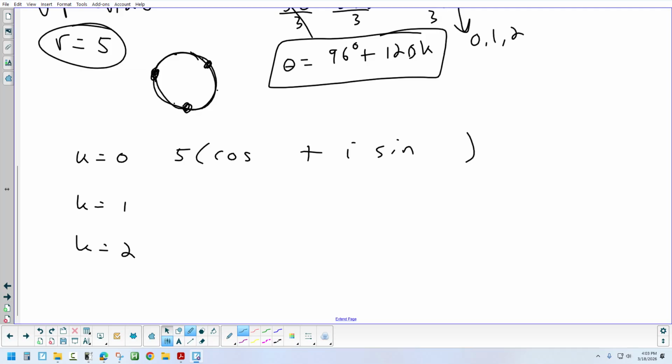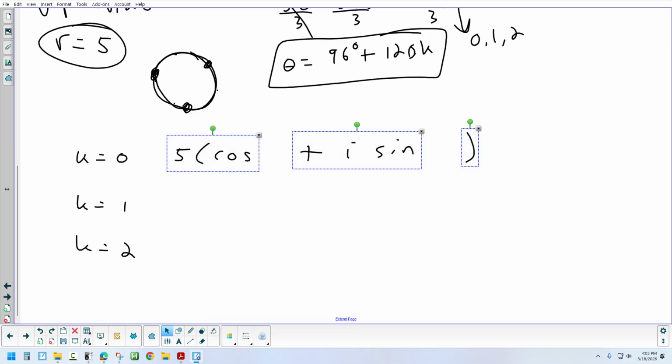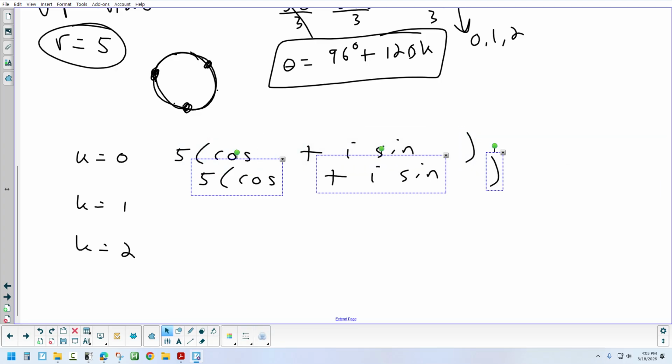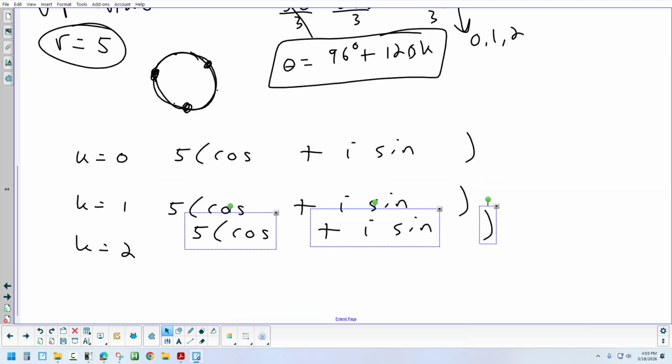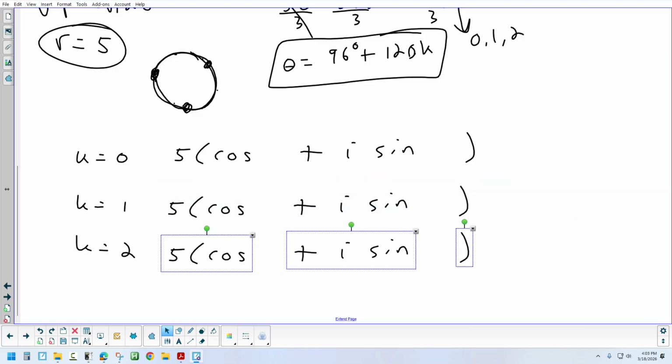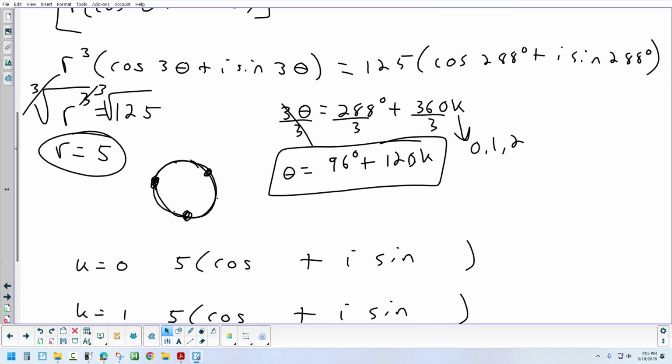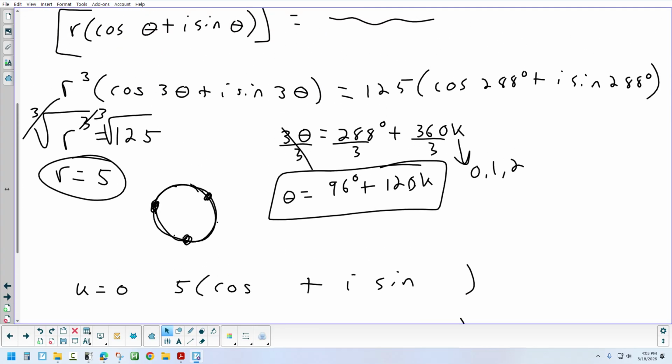I'm going to copy that because my answer is going to look very similar. I'm just going to change the angle each time. If we plug in 0 for k, what is my first angle going to be? 96.